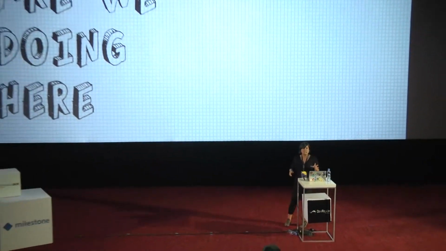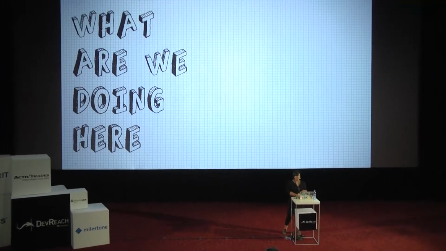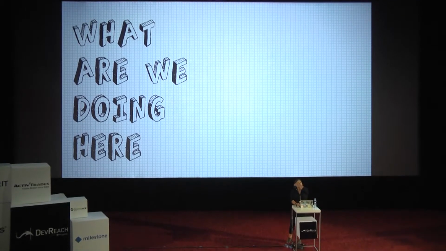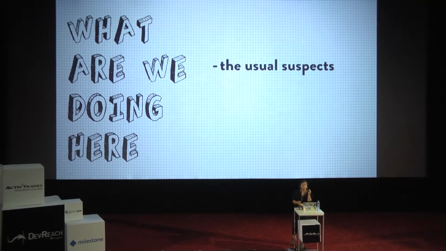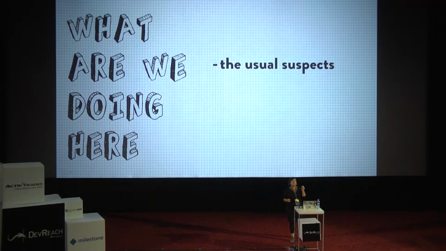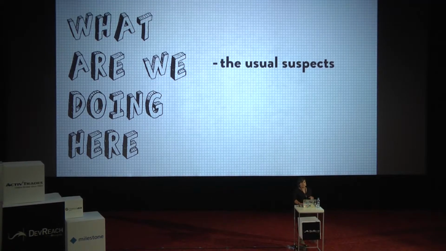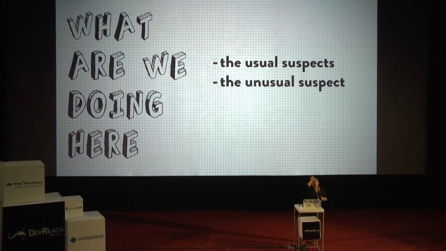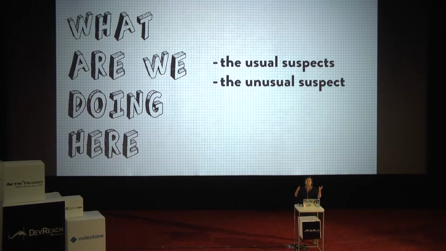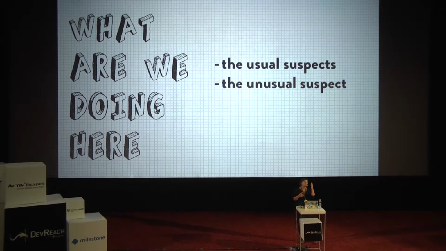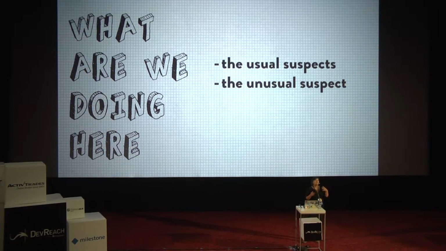So what are we doing here? Not just in general, this isn't that theoretical, but what are we doing here in this talk? We're going to first do a really quick overview of the usual suspects that you usually see people using Node for. And then we'll spend more time on the more unusual suspects, what you may not have guessed you could use Node for, what Node is good for that you may not be using it for currently.